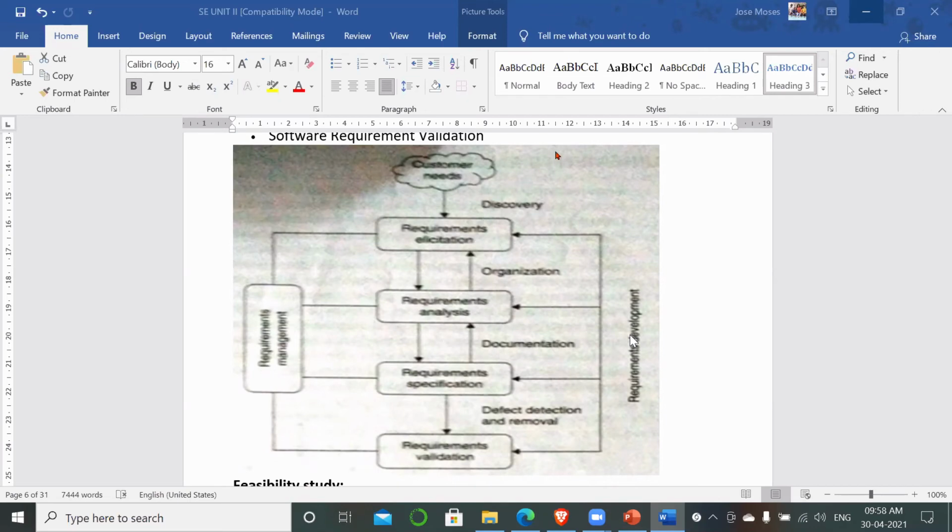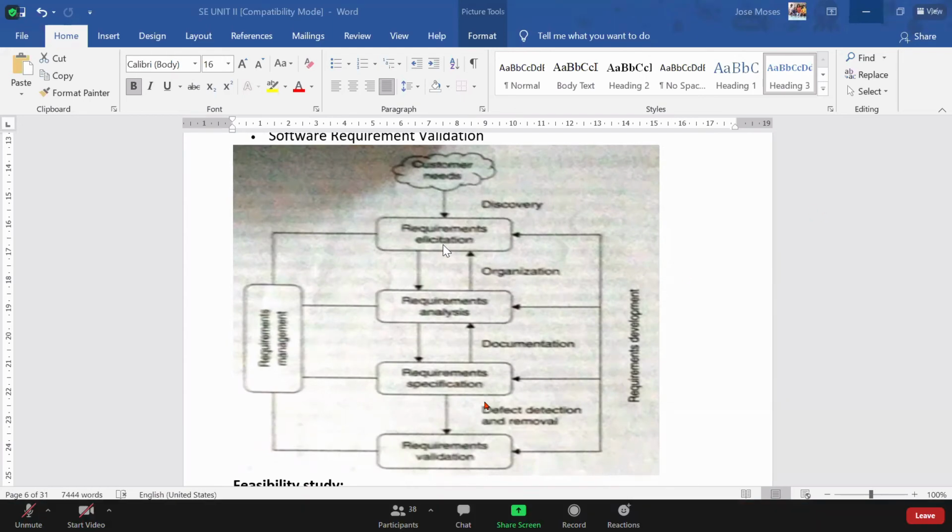For suppose a definition of a file, data, file, you might have learned definitions of it, right? So here, elicitation is nothing but to collect the required information. Information in the sense it is not in an organized manner, right?